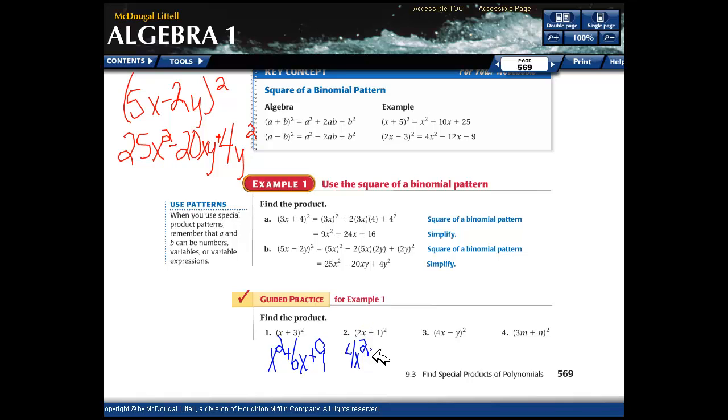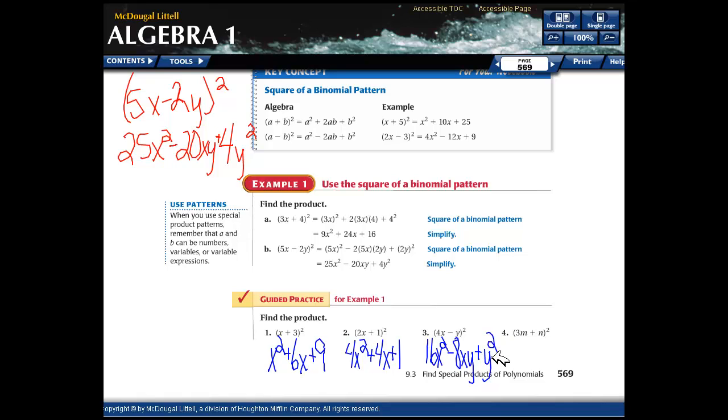Multiply these two and double it would give us plus 4x. Square the last. Square the first, 16x squared. First times last would be negative 4xy, and double it would be negative 8xy. And then square the last, plus y squared.